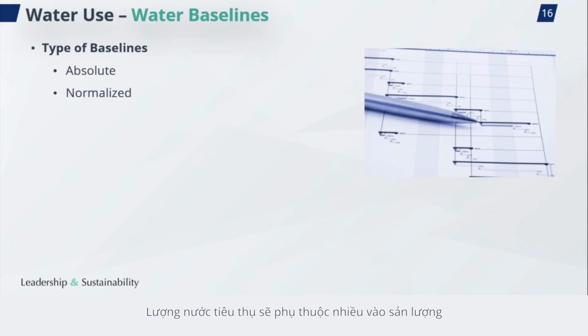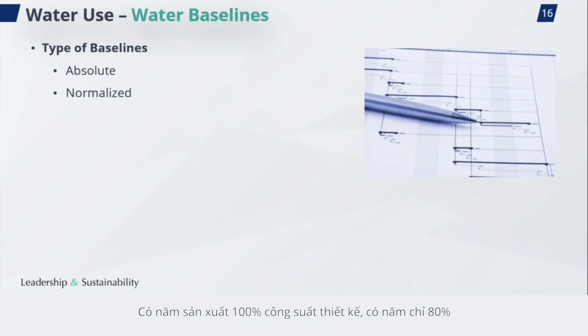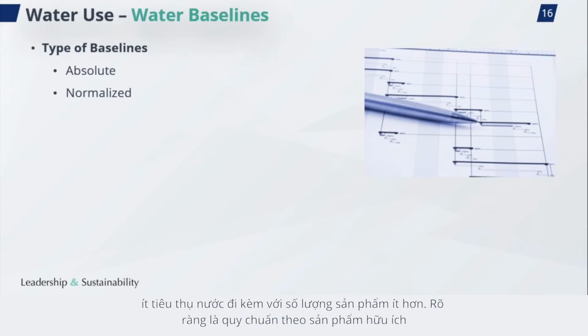So a normalized baseline is more effective to use as a reference if you have manufacturing that increases or decreases year by year. Sometimes you may be utilizing 100% of your manufacturing capacity. Other years you may be utilizing only 80%. And then obviously you will use less water, but also produce fewer products. And that's where the normalized baselines are a help.